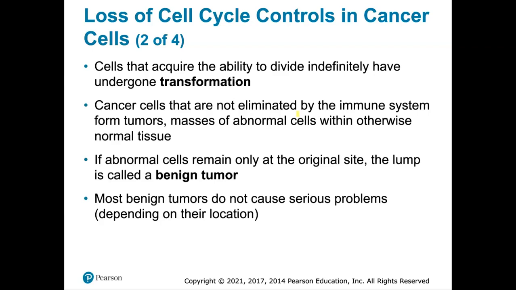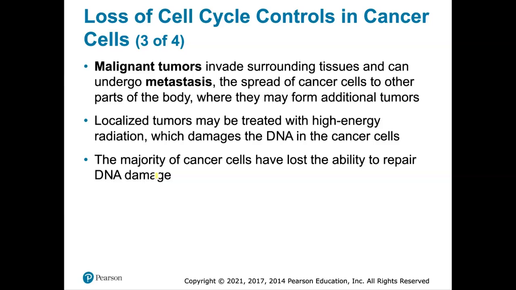When cancer cells are not detected and eliminated by the immune system and they start to grow, they form tumors, which I'm sure you know. If the tumor is benign, it just means it's a growth, but it's not going to spread. So we don't call this cancer. But if pieces of the tumor break off and spread to surrounding tissues, we call it a malignant tumor.